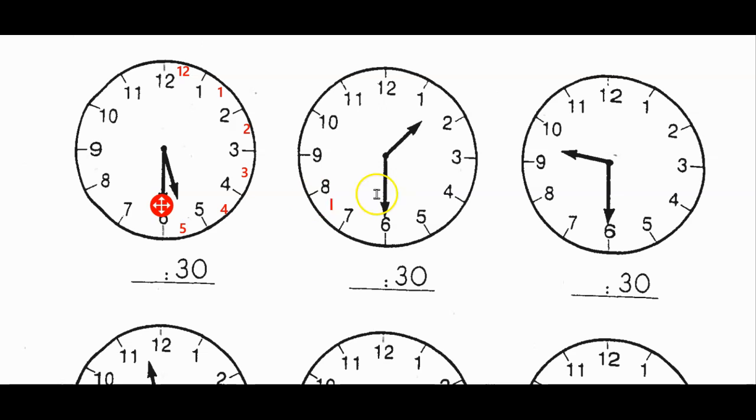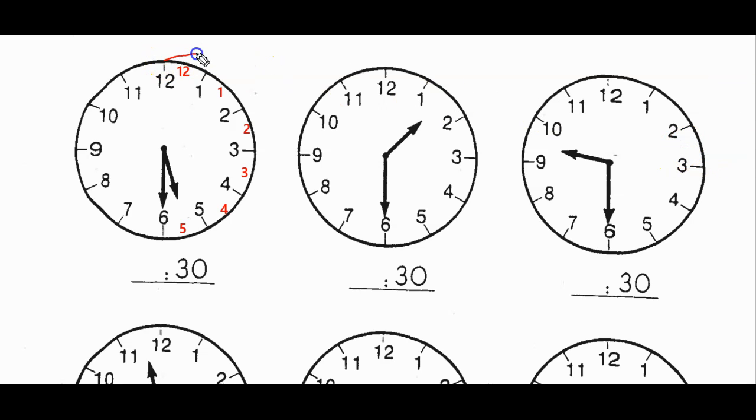So if the hour hand is between the 5 and the 6, it's still what o'clock? 5. Now the longer hand is for what? The minutes, okay? The way I look at it right now, it's pointing to the 6. Do we have 6 right here? No. Okay. We're counting by 5s. Look.